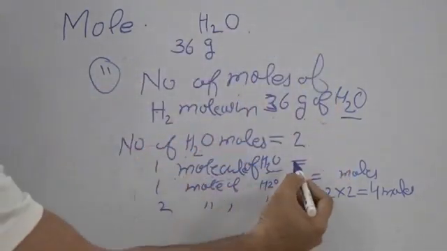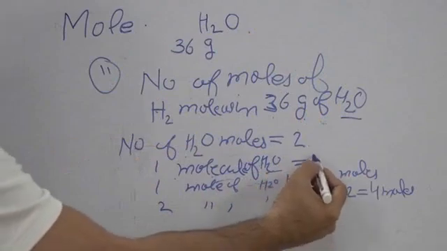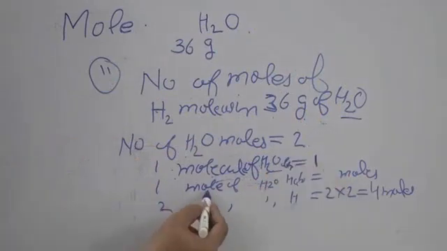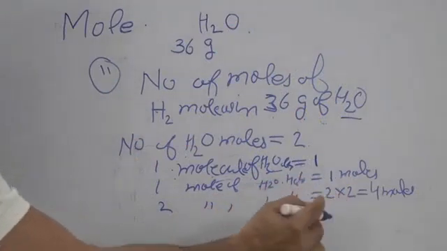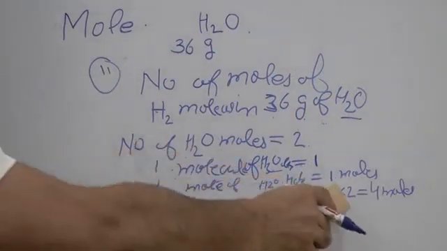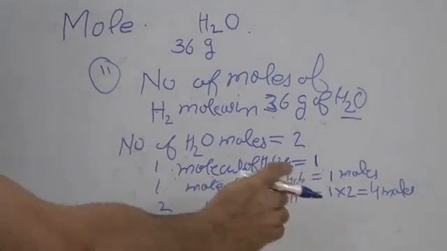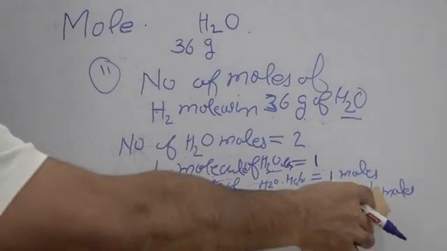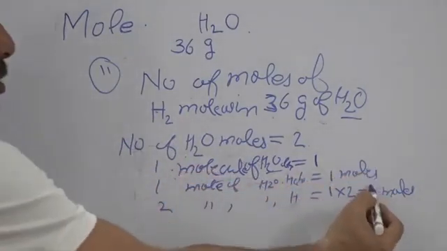Number of molecules of H2 in H2O, 1. 1 mole of H2O would contain 1, it would also be 1. Then the total number of moles of H2 comes out to be 2 moles.